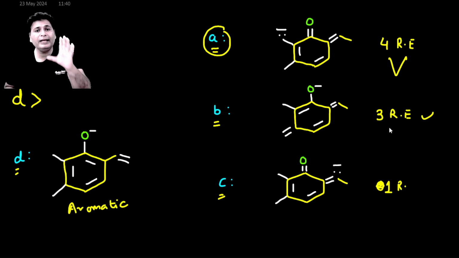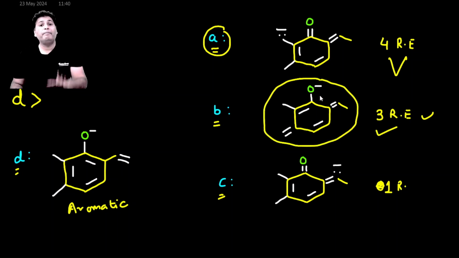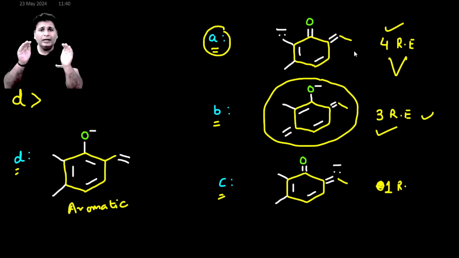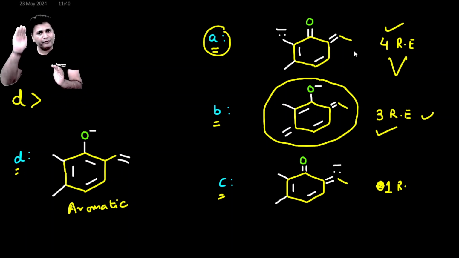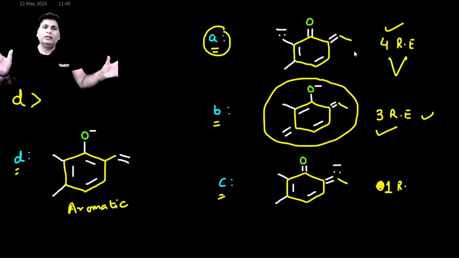Although the quantity is more, in these 3 resonating structures, the stablest I have drawn has got far better quality than any of the 4 resonating structures belonging to A. Although B had fewer resonating structures, 3 against A's 4, it is not missing by a huge value.